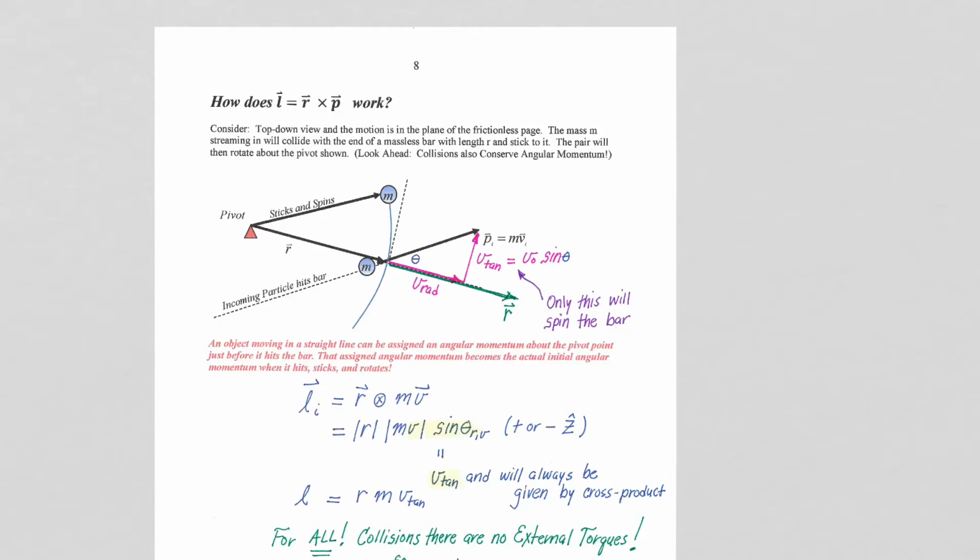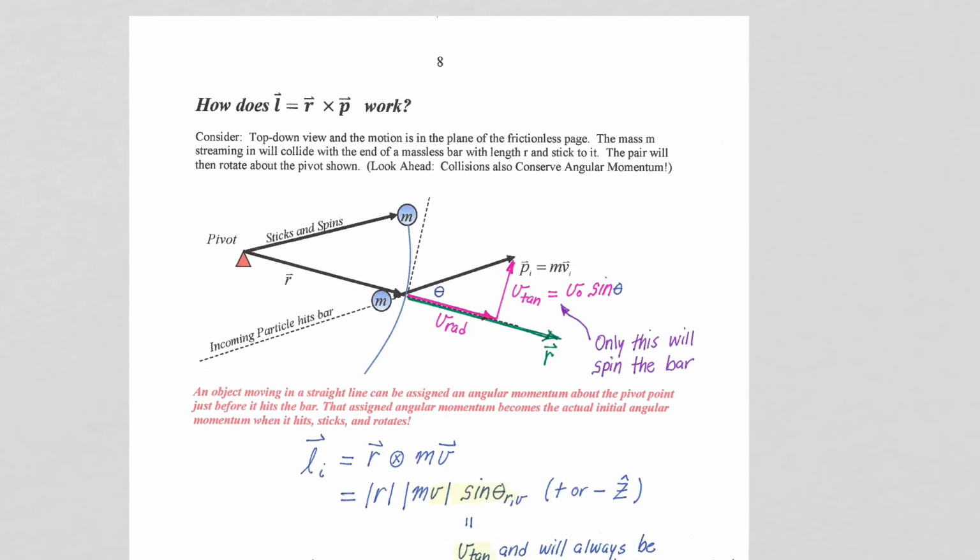So a little bit of an explanation up front, maybe to give you a better visualization of what we're looking at. We have this top-down view of a situation where a point mass particle comes in with some velocity v. So it has no angular momentum, no angular motion whatsoever.